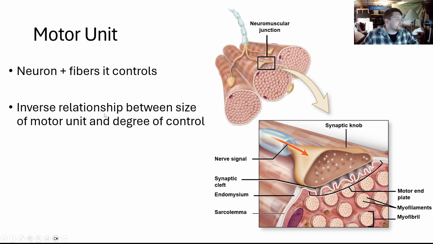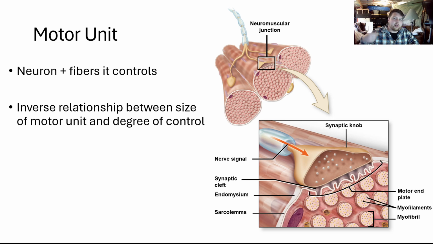There's an inverse relationship between the size of the motor unit and the degree of control. So, for example, our fingers, we need really, really fine motor movement, very, very fine control. So the motor units are very, very small.